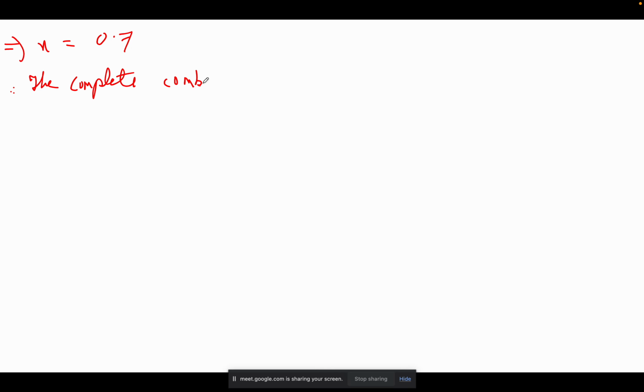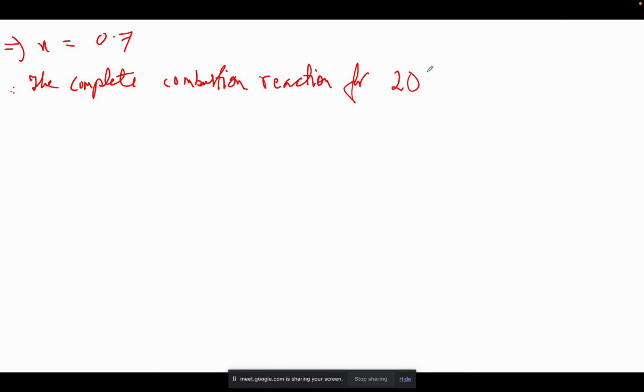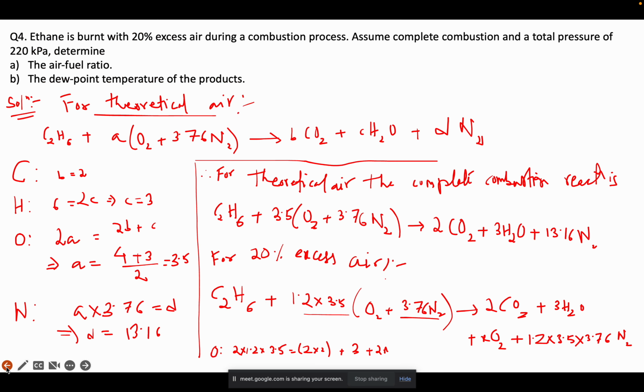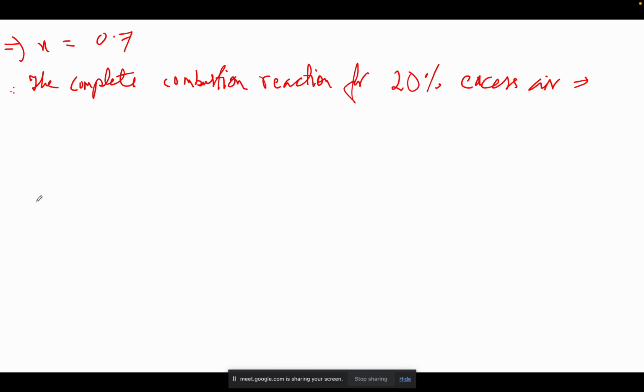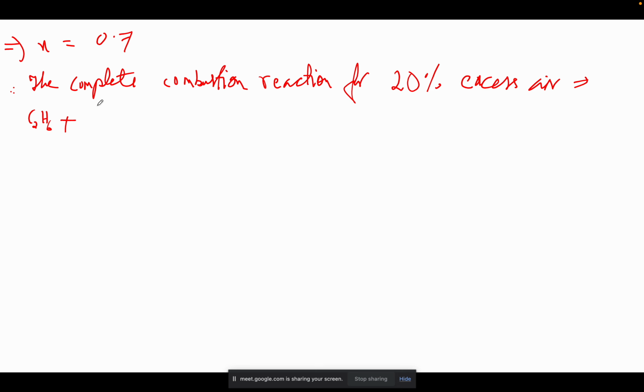Okay, so therefore the complete combustion reaction for 20% excess air is C2H6 plus 1.2 into 3.5, that is 4.2 O2 plus 3.76 N2.